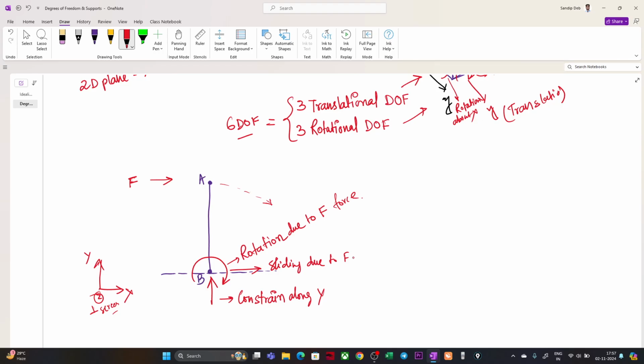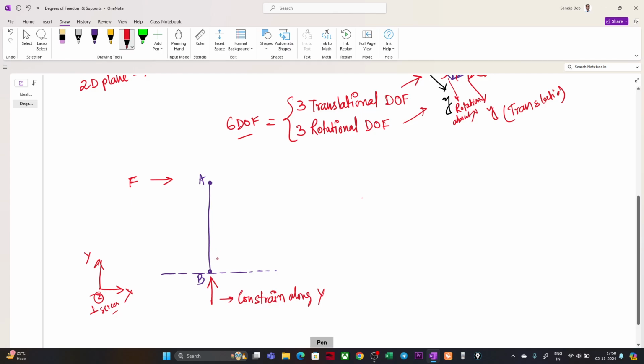Now if you want to restrict this movement, suppose I restrict the movement of this particular point, so this rotation is restricted, this sliding is restricted.